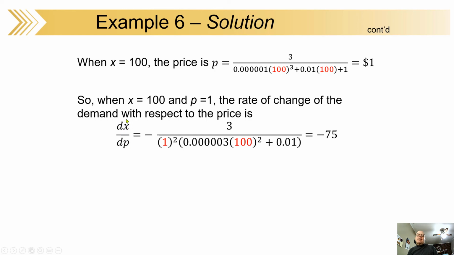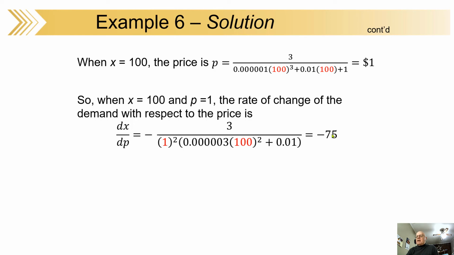How many of these can you sell per change of $1 per pair of pliers? Just put the 1 in for the price in our derivative, 100 in for the x values. There's our expression right there for dx/dp. Just do the calculations: negative 75.